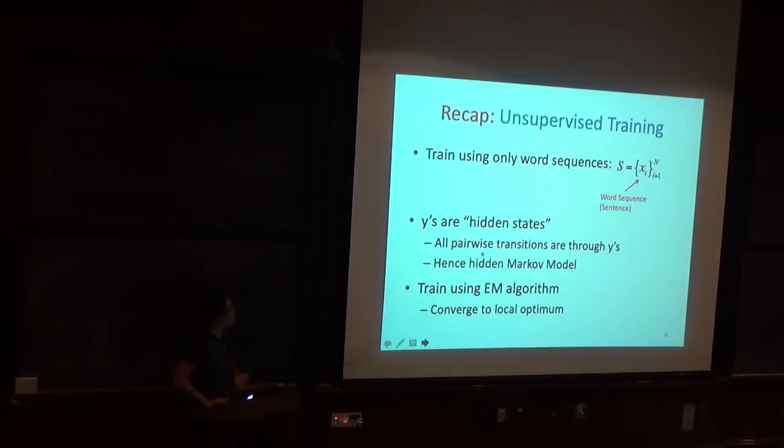The Ys are also known as hidden states. That's why this is called a hidden Markov model, in fact. I should also mention that the EM algorithm is not guaranteed to converge to the global optimal solution. It is only guaranteed to converge to a local optimum, just like in k-means.